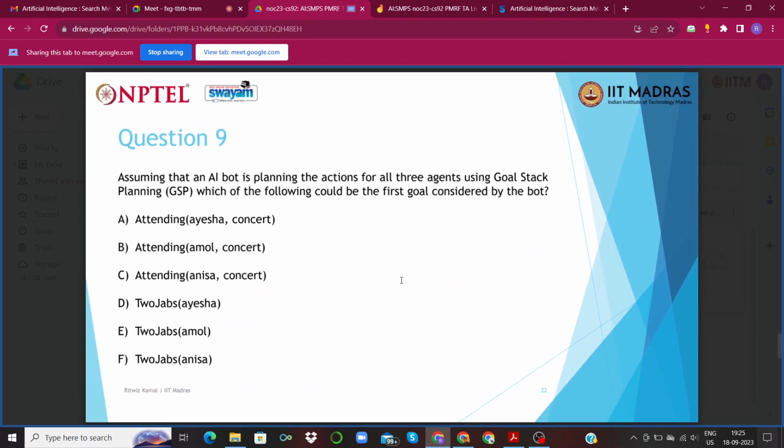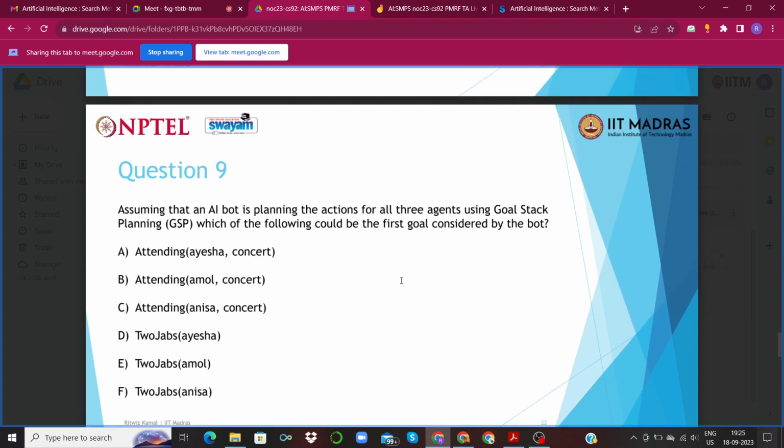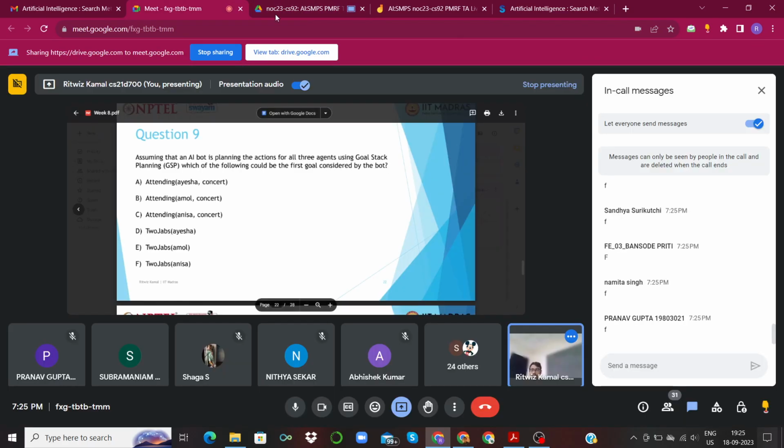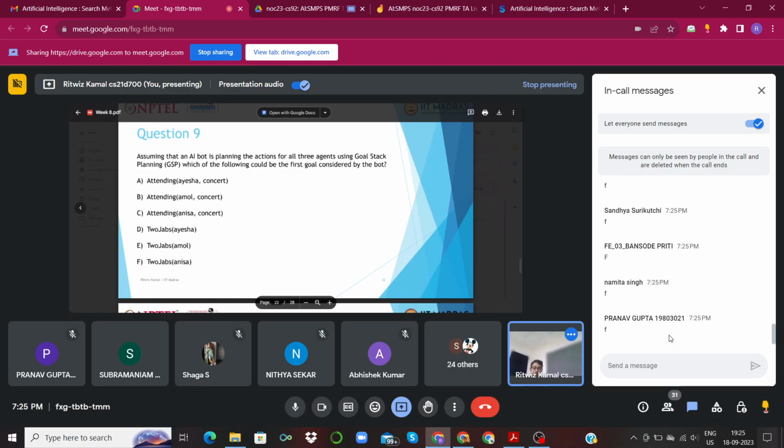Okay, so that was an example of backward state space planning. I encourage you to solve this completely for Aisha and Amol and Anisa. That would give you good practice. But now we'll move on to another method, which is goal stack planning.